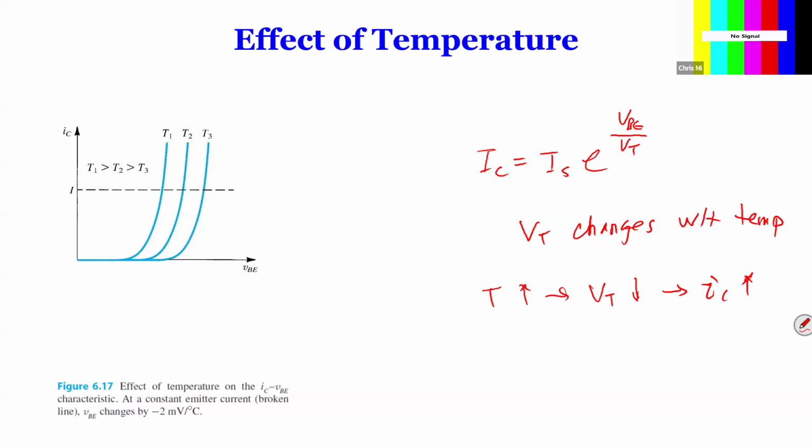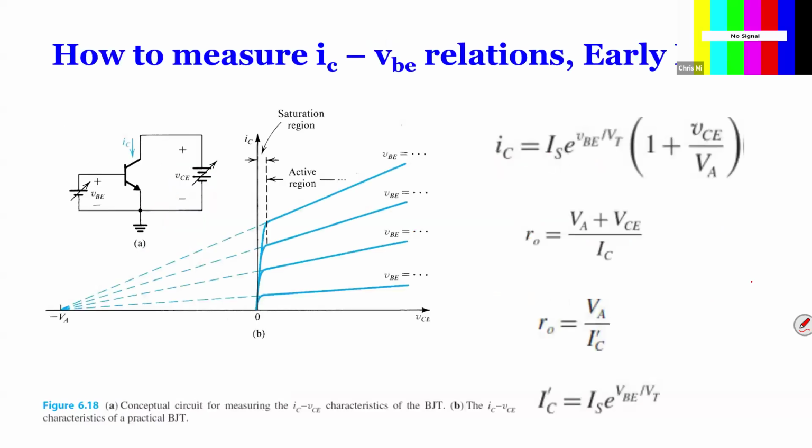To understand this, think about when temperature is higher, it's easier for electrons to move. Therefore, the voltage needed to move the electrons is less. So that's how to understand this phenomenon.